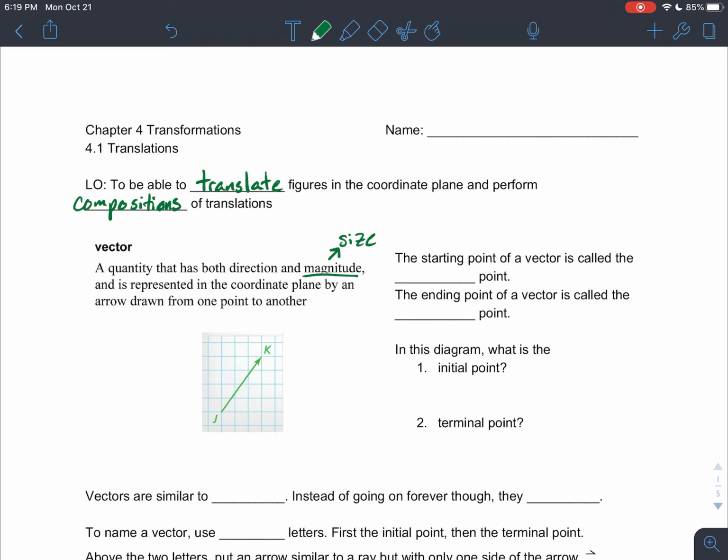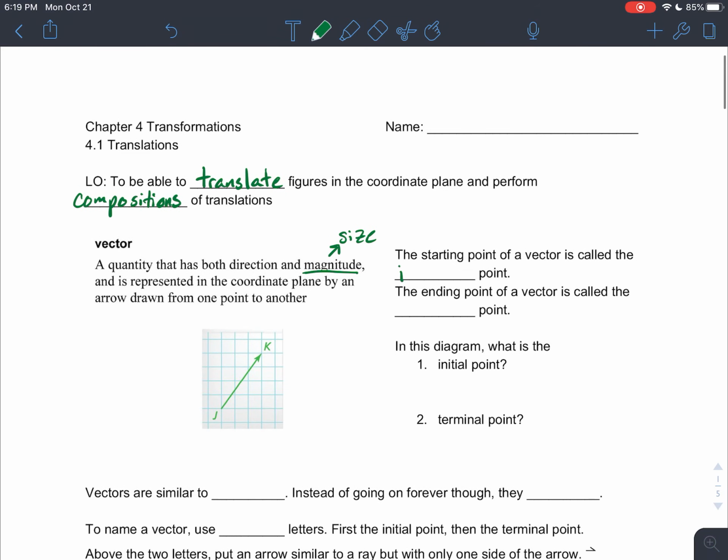The fancy vocab for the starting point of the vector is called the initial point. And then the ending point of a vector is called the terminal point, where it terminates. So initial point is the first point, the starting point, and the terminal point is where it ends.